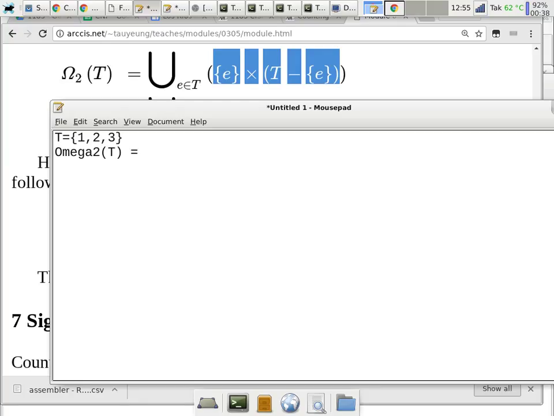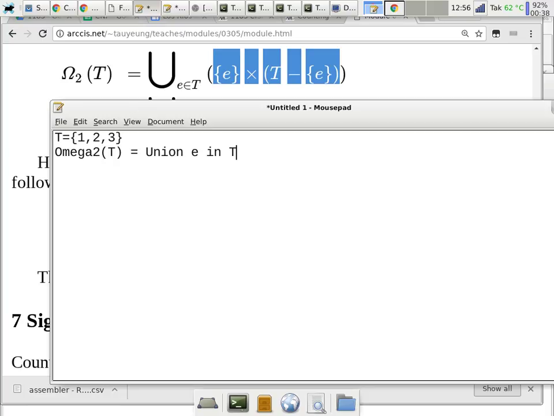So omega 2 of t is a big union, okay, where E is in t. So that means we have 3 possible cases here. We have E being 1, E being 2, and E being 3.